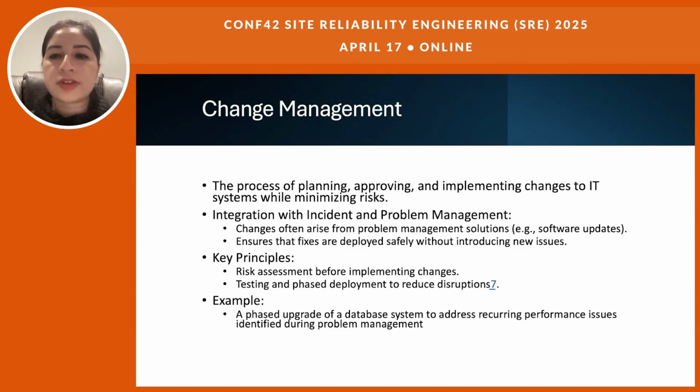By integrating change management with incident and problem management processes, organizations can implement fixes safely while maintaining system reliability. So, before we wrap this up, let's take a moment to reflect on how these three processes, incident management, problem management, and change management, work together seamlessly.